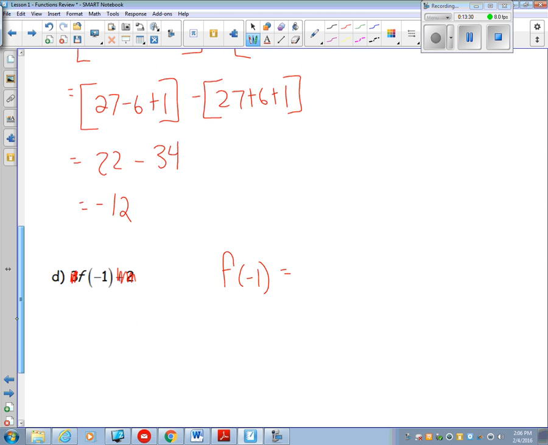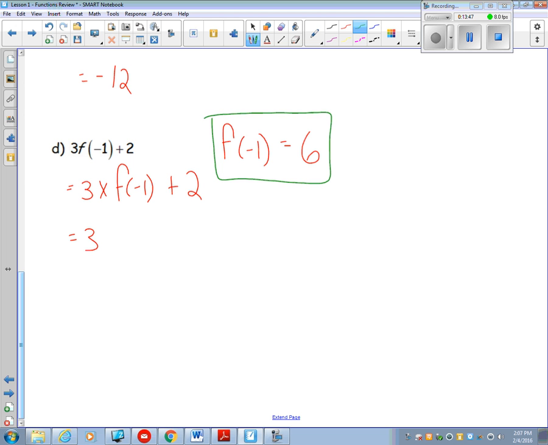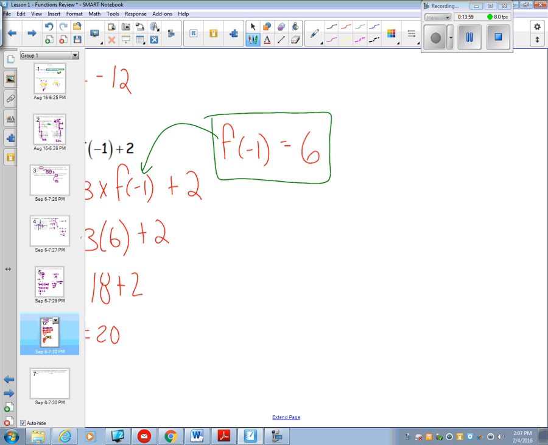Okay, so I know that f at -1 is 6, which means when I go to do this operation, this is the same as saying 3 times f at -1 plus 2. f at -1 is 6, so 3 times 6 plus 2. Or in other words, 18 plus 2 is 20. And that's some operations with functions.